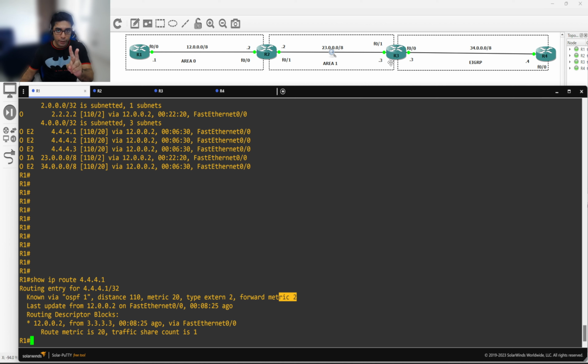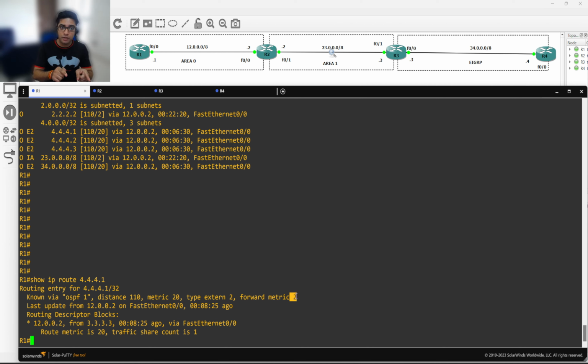That is 2 in total, but it is not showing in the routing table. The reason is that the default metric is E2, type external 2. So 20 plus 2, 22 is R1's actual cost. But R1, because the default behavior is E2, shows it as 20 rather than 22.